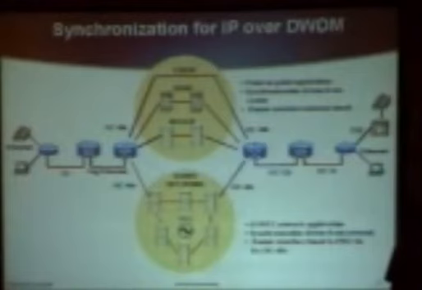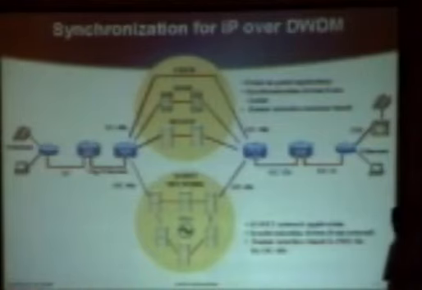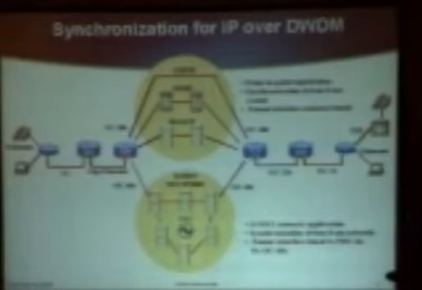IP over DWDM tends to be implemented as a point-to-point connection to build up either a partial or a full mesh between your router connects. As such, the connections between the routers generally operate with packet over Sonnet technology, which you all also saw a minute ago, and they're direct connections between a backbone router and another backbone router, and there's no Sonnet multiplexing going on here.